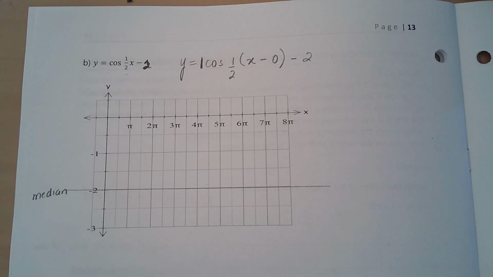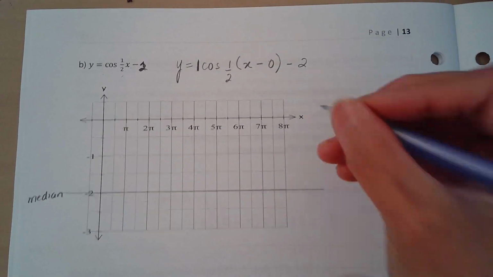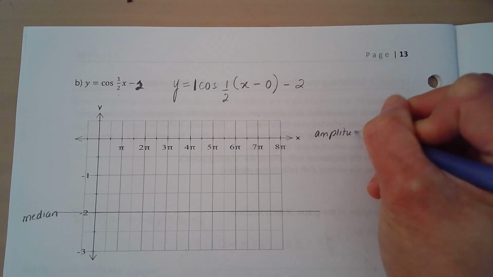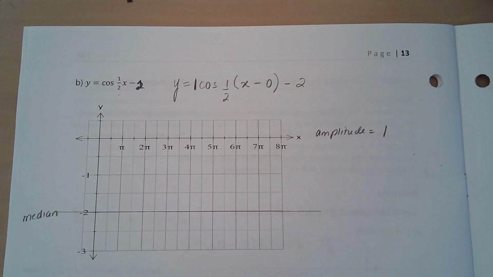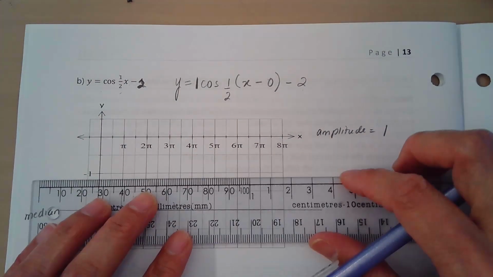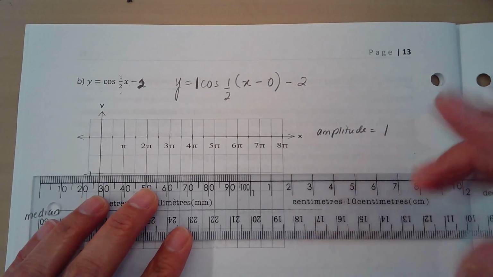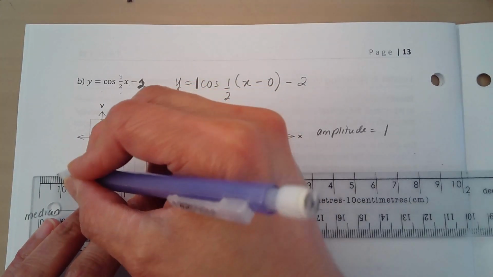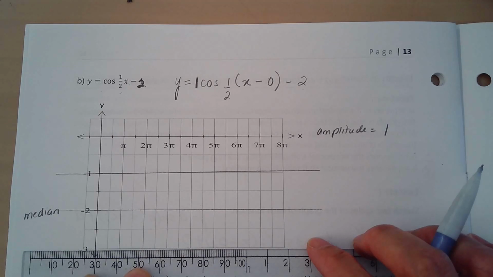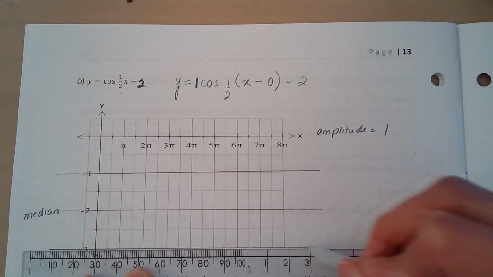What's the amplitude here? 1. So amplitude equals 1. That means, how far up do we need to go? From the median, we need to go up 1, and from the median, we have to go down 1.